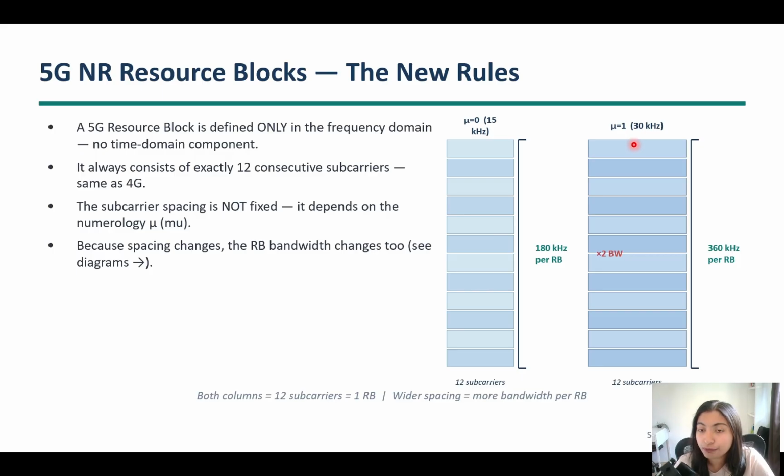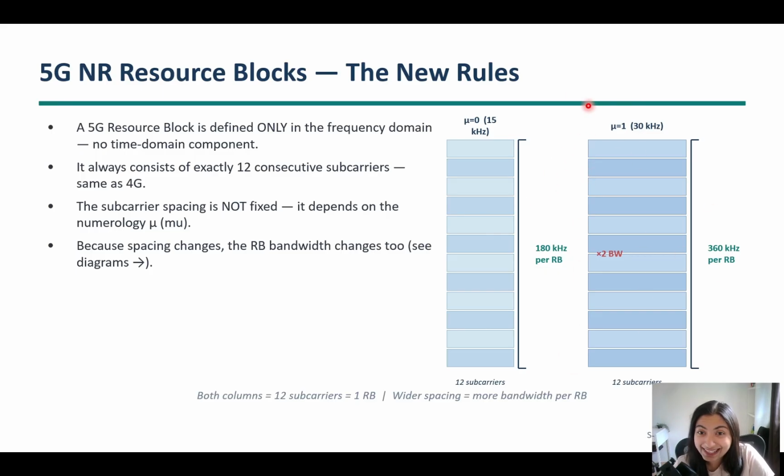On the other hand, for mu equal to 1, with 30 kHz subcarrier spacing, the total bandwidth of one resource block is 30 kHz times 12, which is equal to 360 kHz per resource block. That is almost double that of mu 0. Thus, there is the same number of subcarriers in each resource block for each of these numerologies, but each block is wider, so the resource block covers more spectrum.